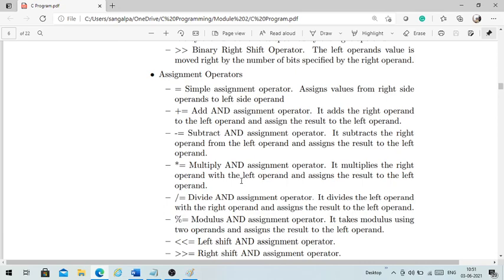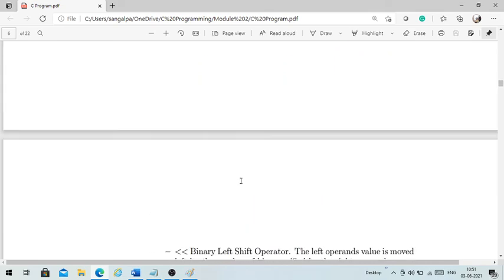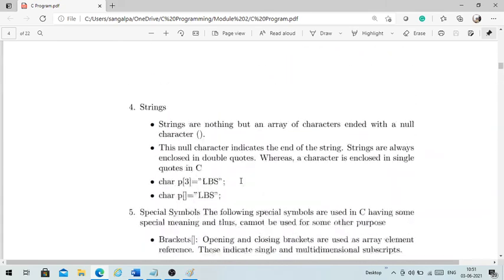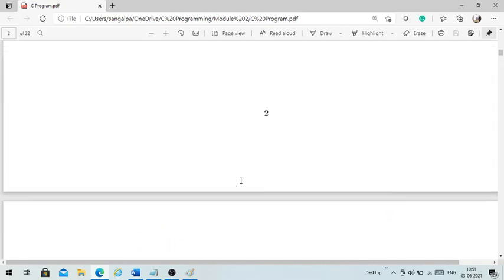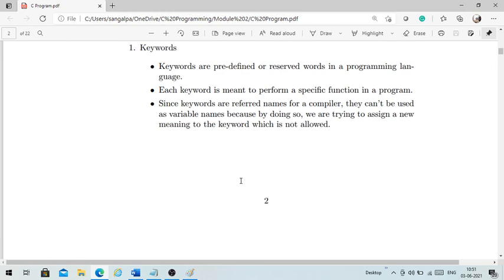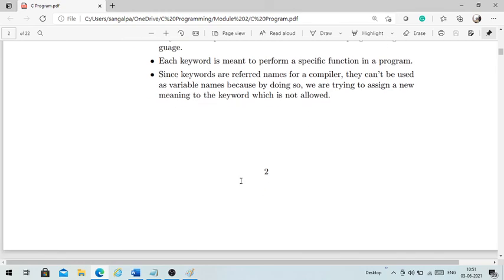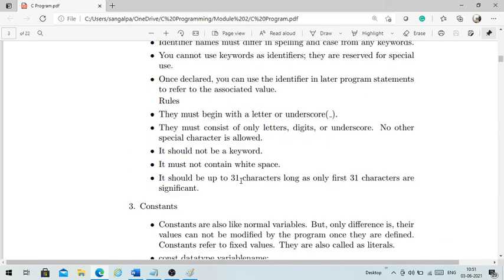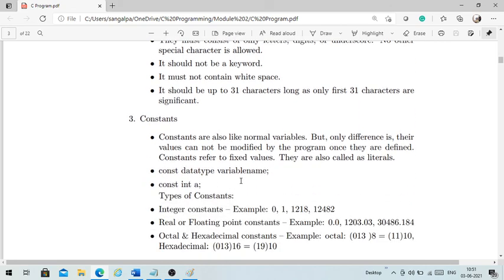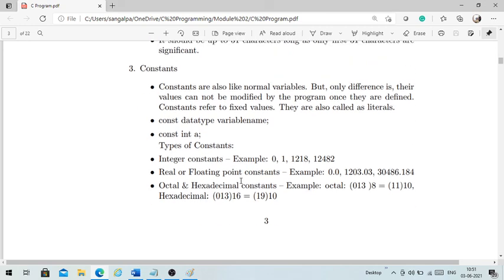So these are the tokens available in C. What we have discussed till now are the tokens, the components which a compiler will understand. Keywords are a set of reserved words, and identifiers are used for naming variables, function names, array names, etc. Constants are created using the keyword const.